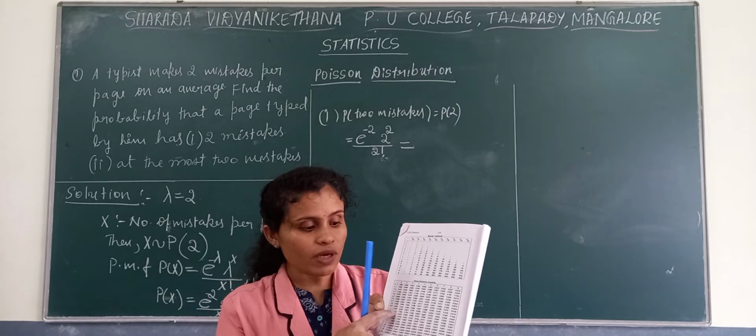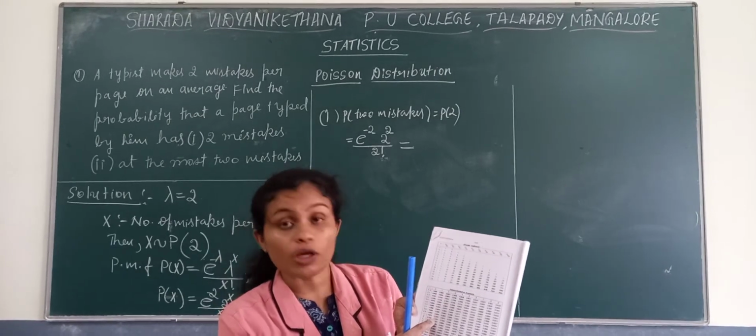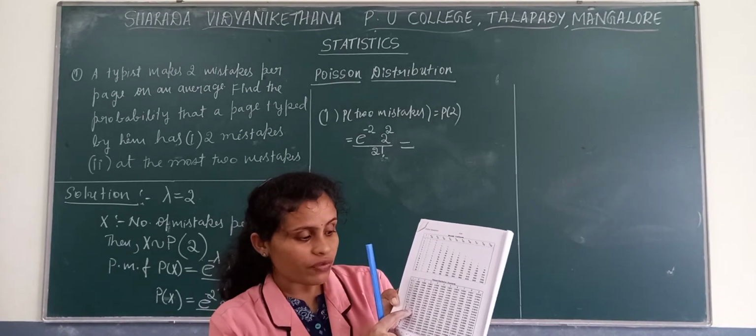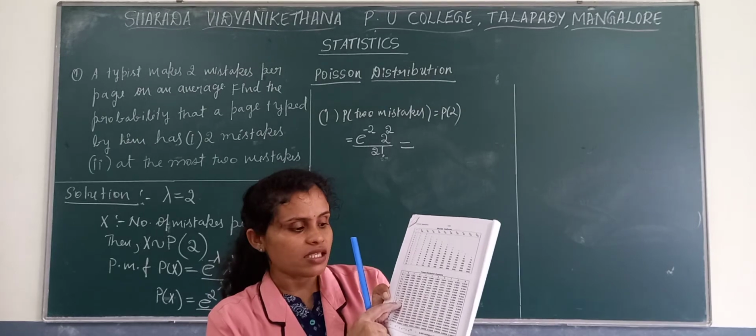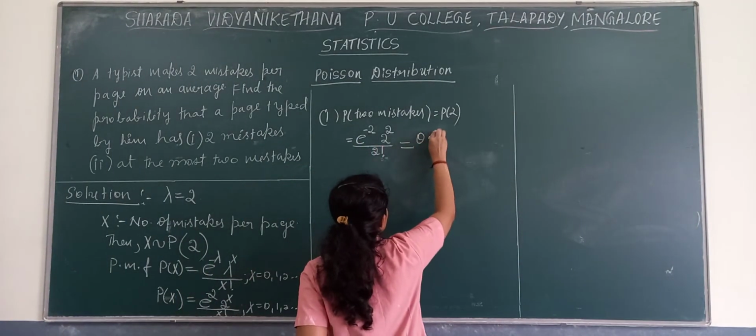If it were 2.1, it would be 0.1224. Since here it is 2.0, we get 0.1353. That is the value.